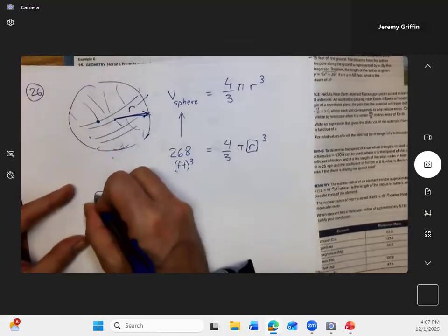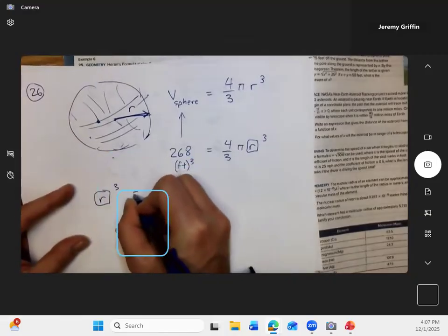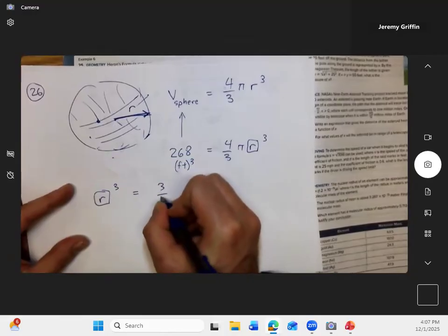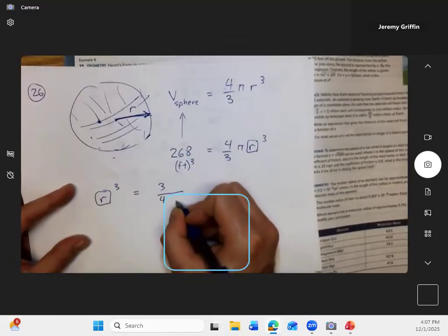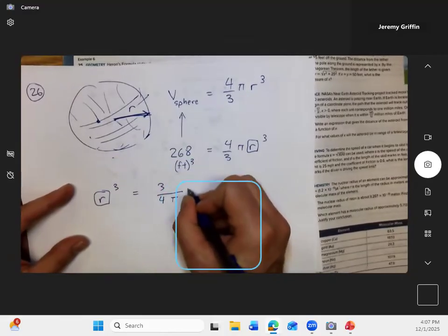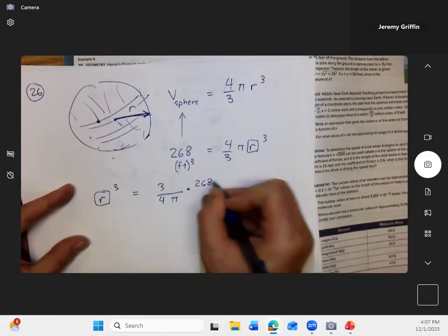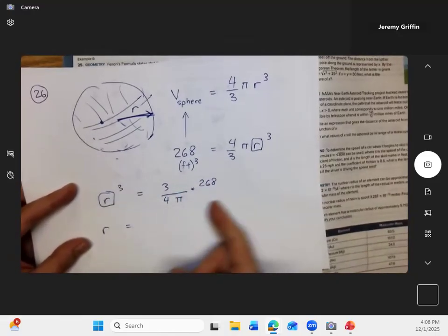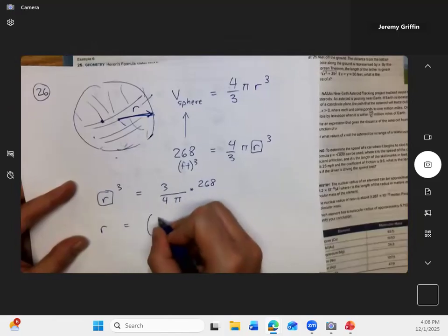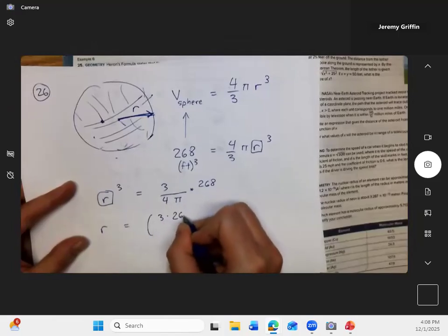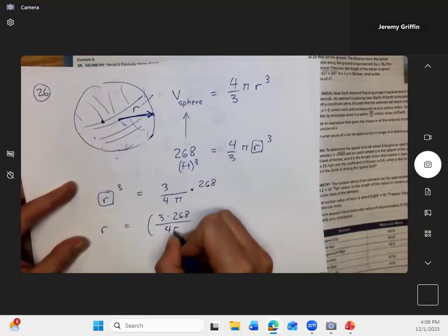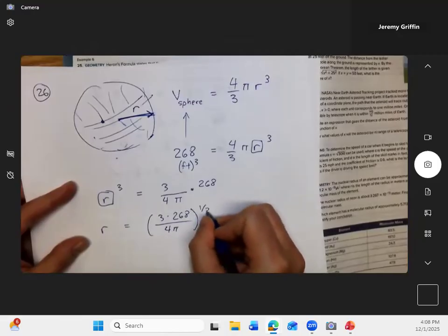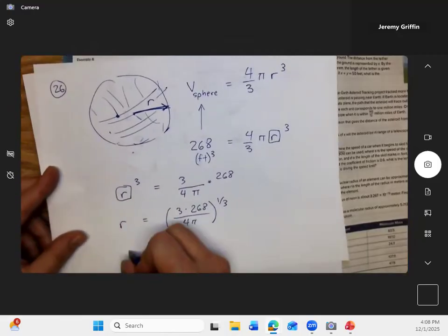So the radius cubed is 3/4, divided by pi, times 268. The radius would be the cube root of all this. So it's 3 times 268 over 4 pi, and that whole thing is raised to a 1/3 power, as in a cube root.